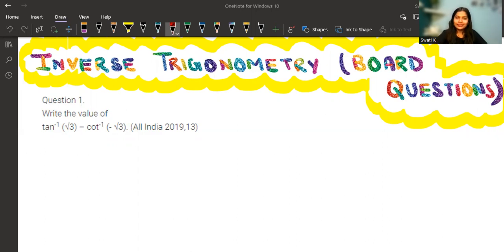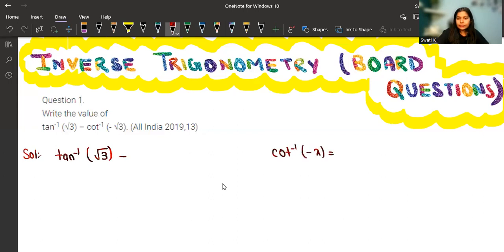So yeah, let's start. The first is tan inverse root 3. Let's write that down as it is. Tan inverse root 3. Now the next we have minus cot inverse minus root 3. Here I'm going to use a formula, the formula of cot inverse minus x.